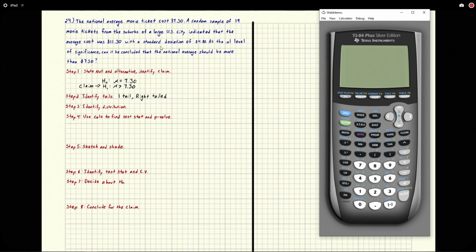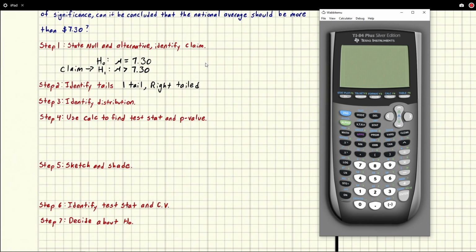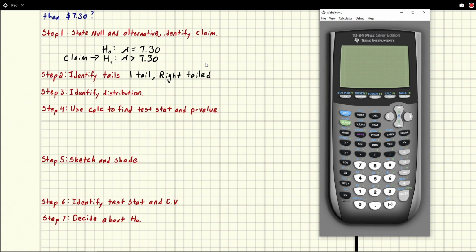But some instructors run purely off the standard deviation, so go with whatever your instructor's rule is. In this case, we know it's a sample standard deviation. So we have an S of $4.80, and our N is only 19. Therefore, we're going to use a T distribution.